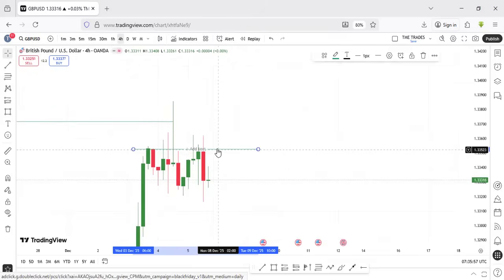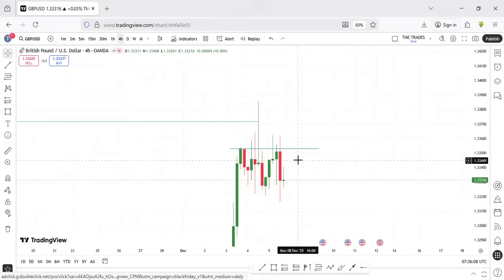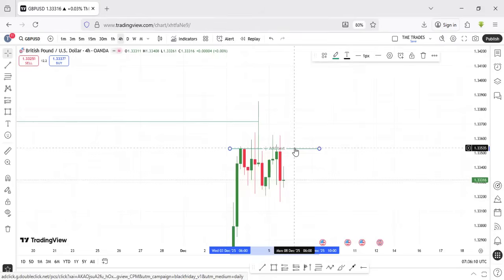No candle has closed above this, as you can see. We could be seeing bearish continuation to the downside, depending on what the market is going to be doing.